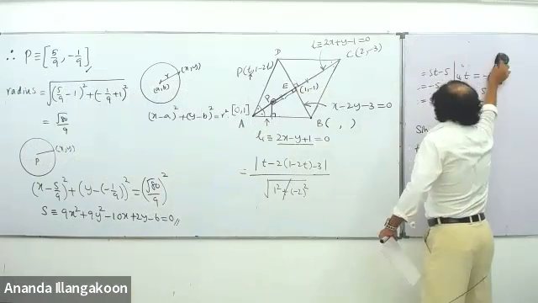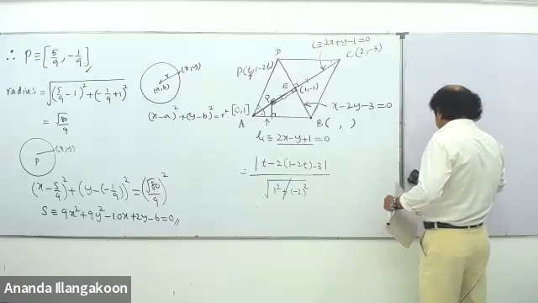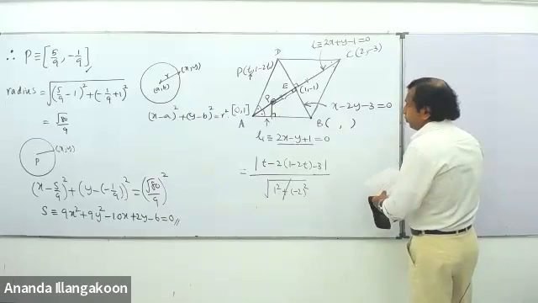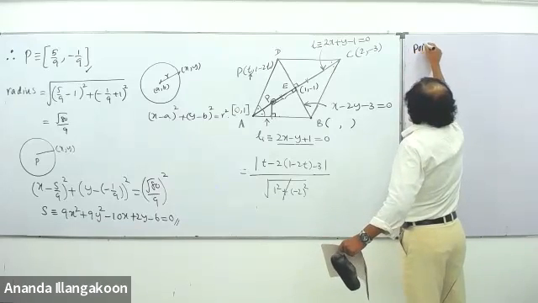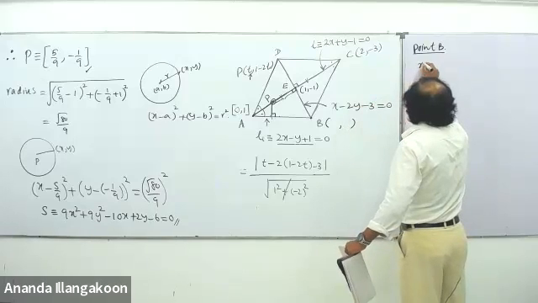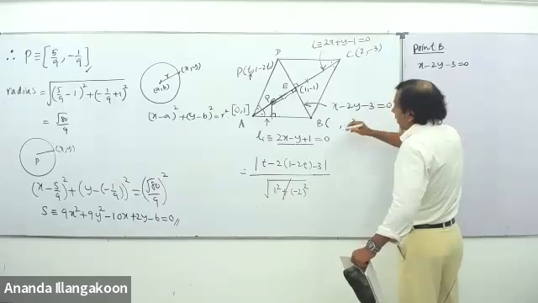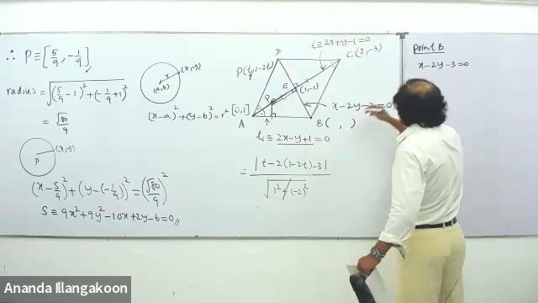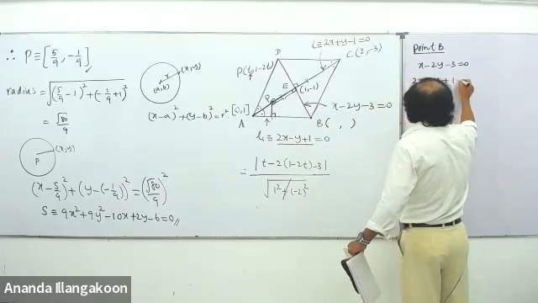Now I'm going to find point B. Right here, x minus 2y minus 3 equals 0. And the next line is 2x minus y plus 1 equals 0.